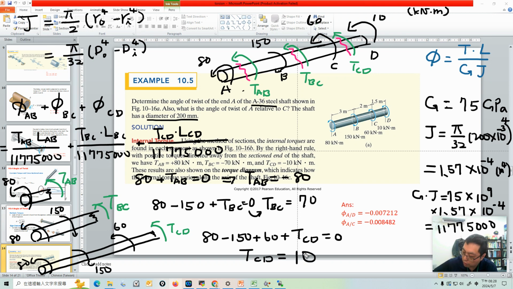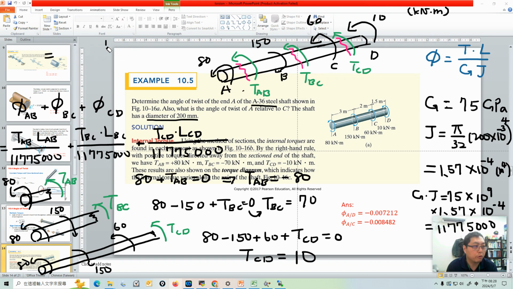So we have the torque AB, torque BC, and torque CD, and we put the values in there. I think I erased the J here.